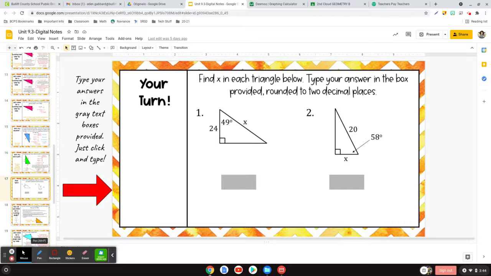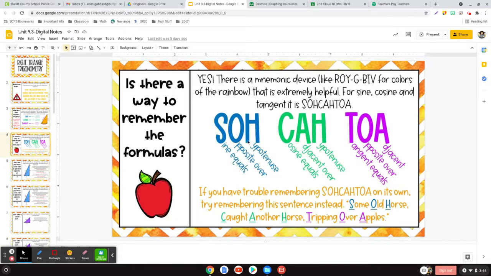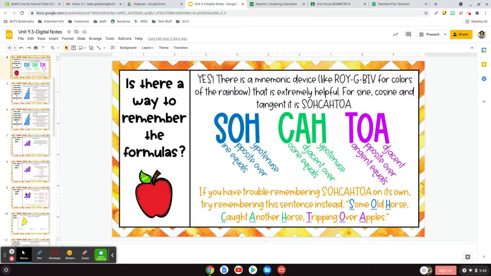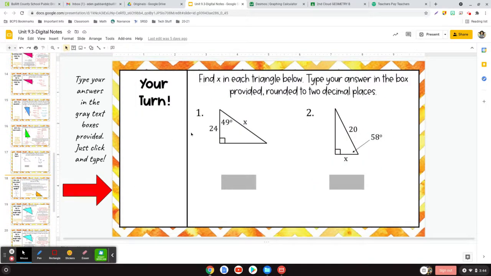Then you need to decide which of those sides you are working with. Once you decide if it's a hypotenuse and adjacent or the opposite and a hypotenuse, you need to use your SOH CAH TOA to figure out which function we're going to use. So which function is going to be useful given the information that we have.